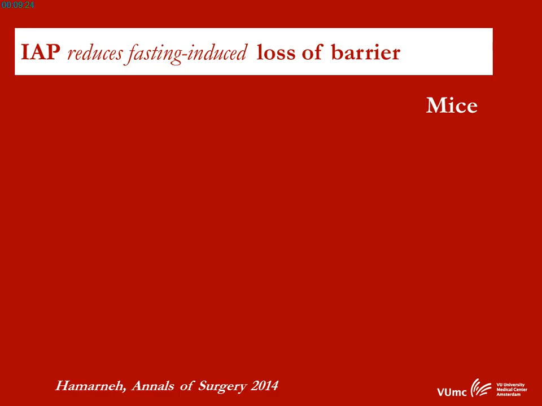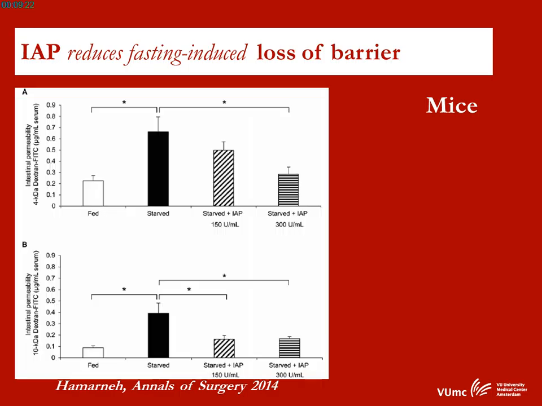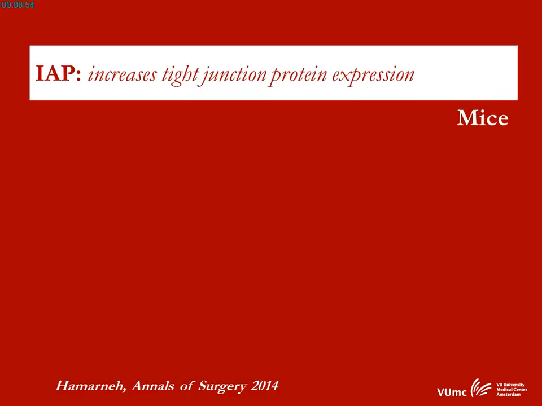And in mice, they did some more investigations, and they looked at intestinal permeability with dextrans, smaller and larger, and they showed that just starving, just fasting for 48 hours reduced the gut barrier, and if intestinal alkaline phosphatase was administered concomitantly, intestinal barrier was protected.